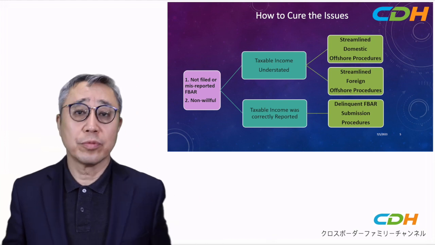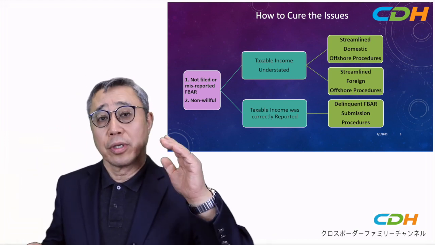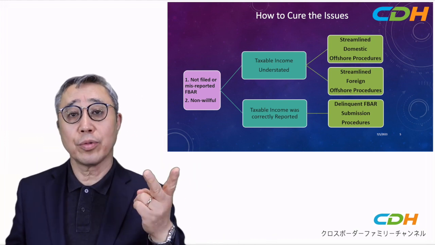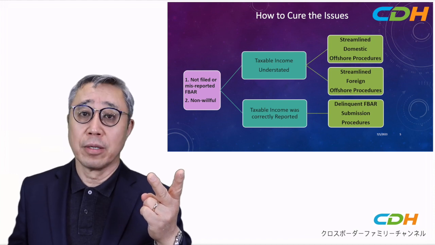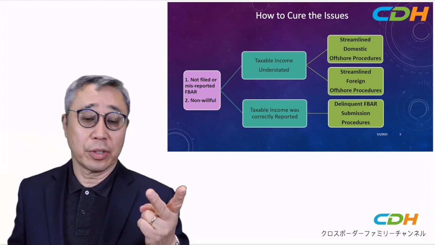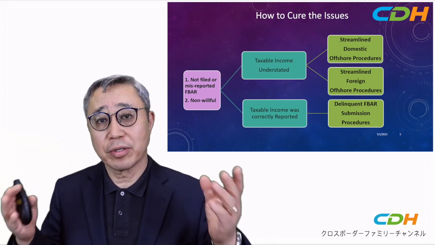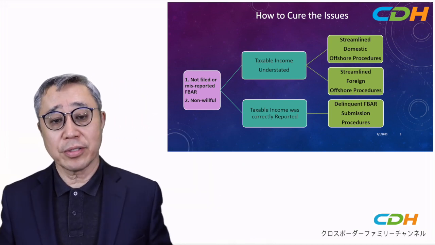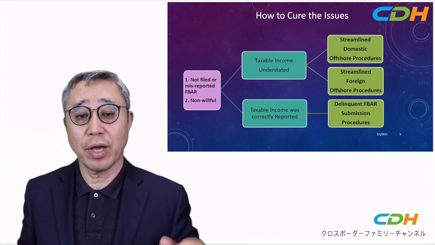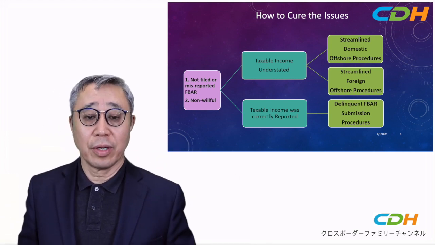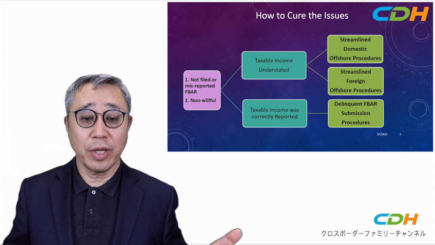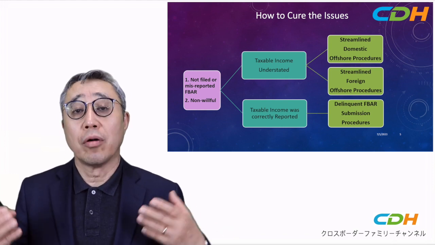So a non-willful violation can be cured by two separate ways or two separate criteria. One is if your taxable income was understated. The other is if taxable income was correctly reported.